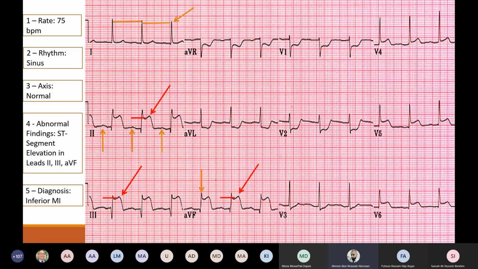So if you look at the anterior and the septal leads, they show ST depression, and this is a sign of ischemia. Of course it will not lead to infarction, because this is a physiological event. But this is again one of the signs of MI. It is not chronic ischemia; this is something acute.